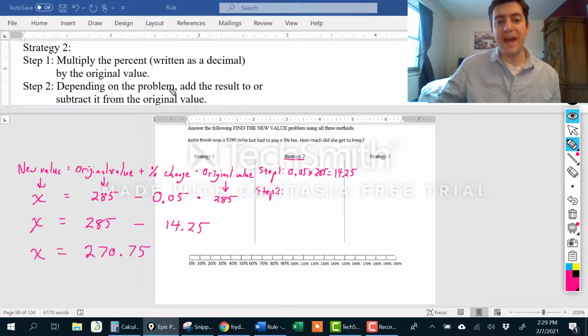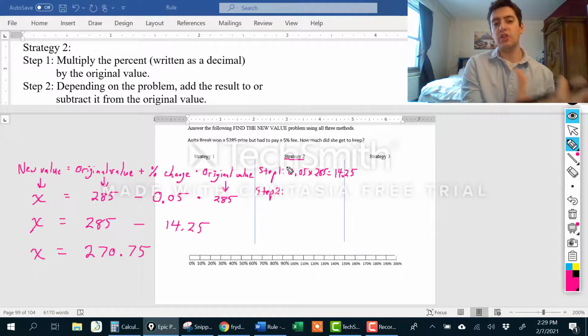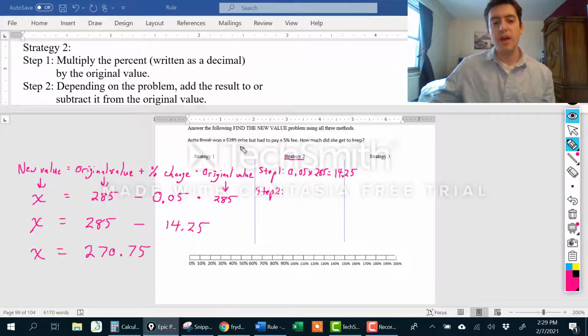Depending on the problem, add the result to, so this is my result from step 1, 14.25. So depending on the problem, I'm going to add or subtract this from the original amount, which was 285. Now, how do I know if I should add or subtract? Well, I have to read the problem. Anita had to pay a 5% fee.